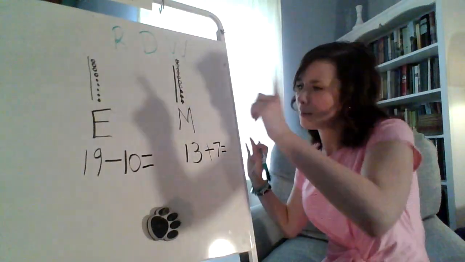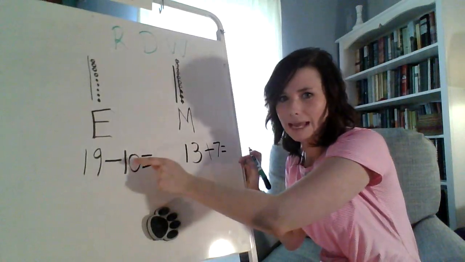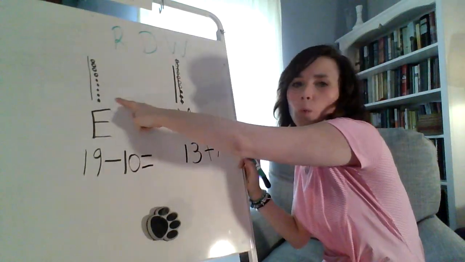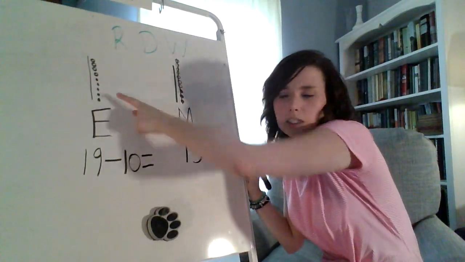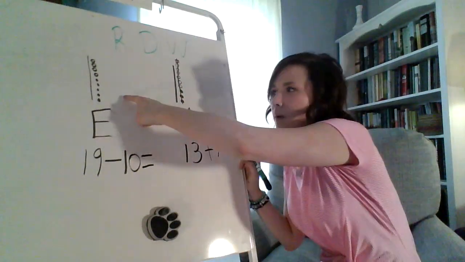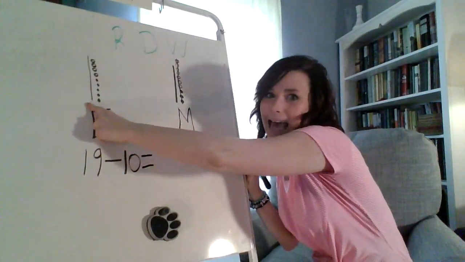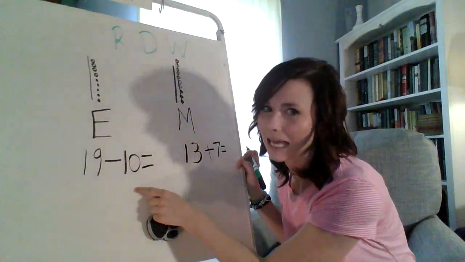All right, going on back to Elena. 19, take away 10. Here's my picture. What do I need to get rid of to solve? 19, take away 10. Should I take away my 9 ones or should I take away my 10? It's take away 10, boys and girls.